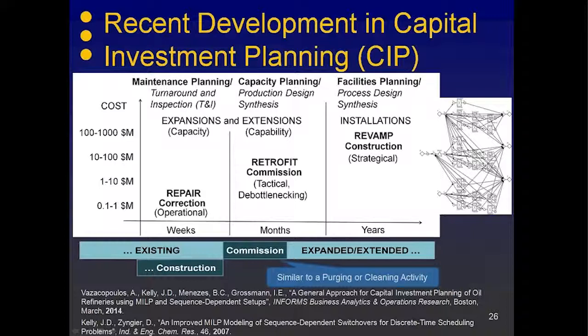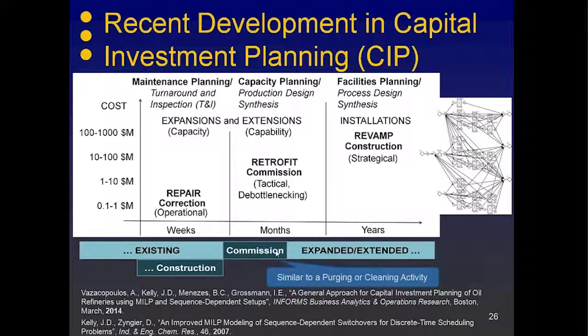A retrofit problem really looks like having your existing plant. Here's a little example of a Gantt chart. Here you have an existing plant, and when you want to move from the existing plant to the expanded plant, you've spent some money, you've put some construction into it, and you basically want to increase its capacity or increase its conversion. You can think of there being a commissioning phase in between.